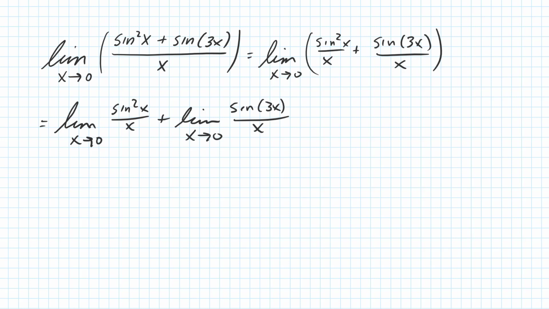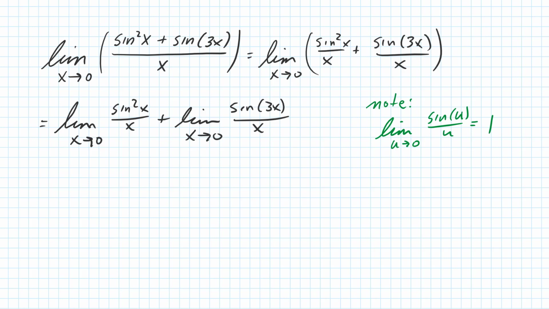Now at this point it might be worthwhile to note that we do know the limit as, let's say, u goes to 0 of sine of u over u is equal to 1. That's one of our identities from the chapter.